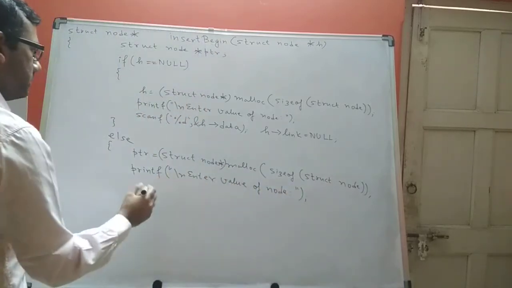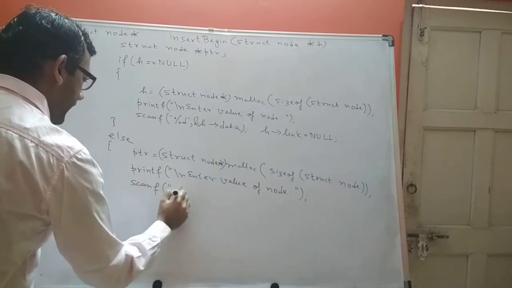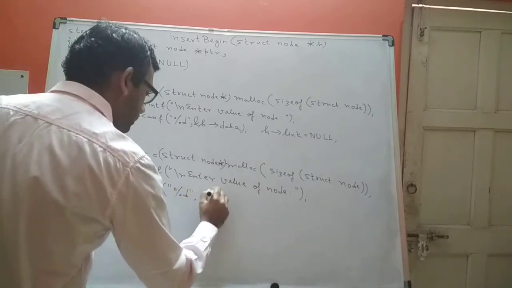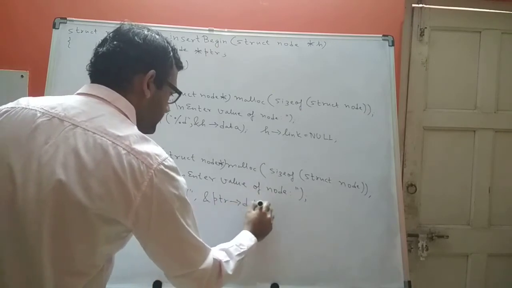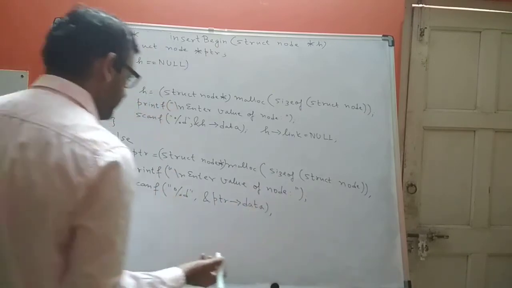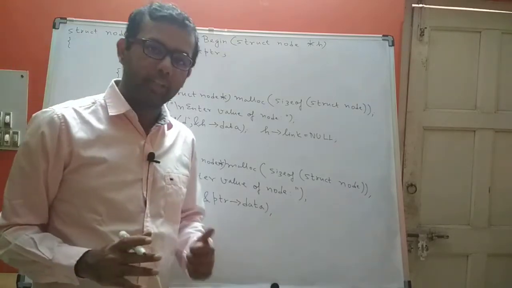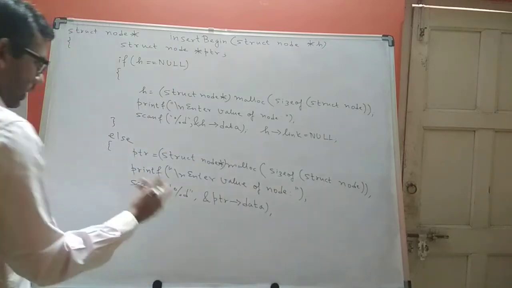Now on seeing this statement, the user will enter a value, and that value has to be stored in the data part of the node to which PTR is pointing, because this is my newly created node, right? Now the node is ready. The node is complete. Its data part has been filled up. Now we have to link this node to our already existing linked list. So how do we do that?